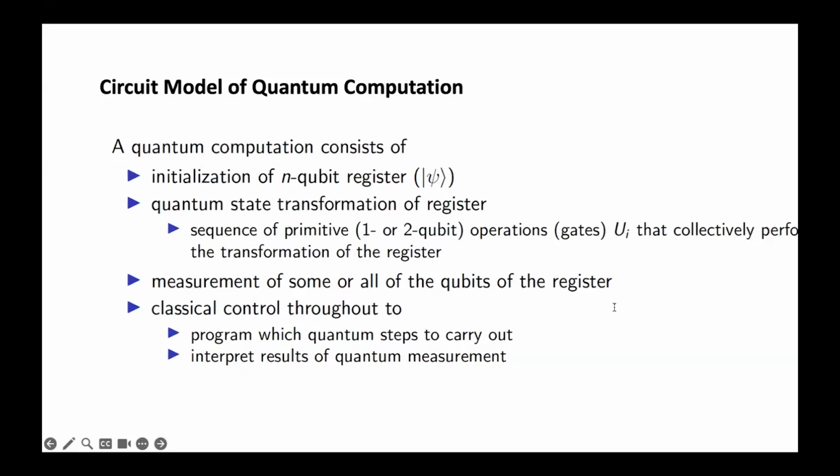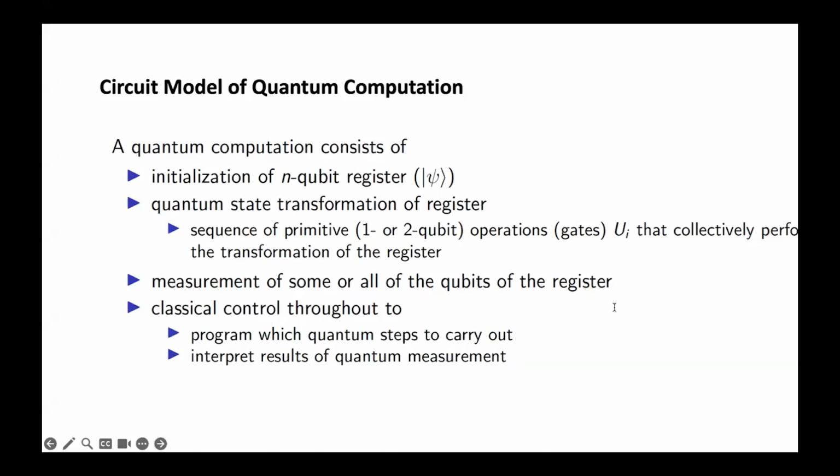We proceed with a measurement of some or all qubits of the register. And of course, in this particular setting, we need to ensure that we have classical control throughout the process, to program which quantum steps to carry out and also to offer the appropriate interpretation of the results of the quantum measurement.